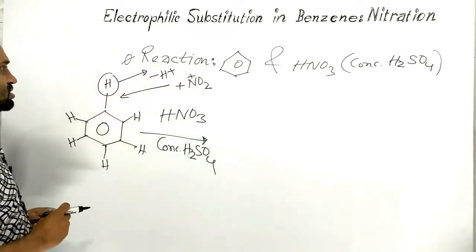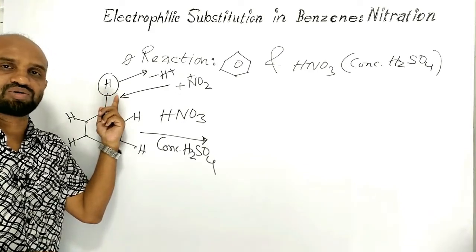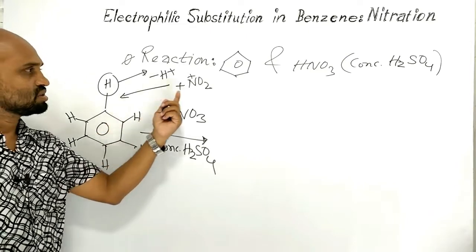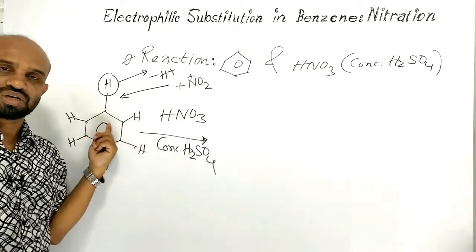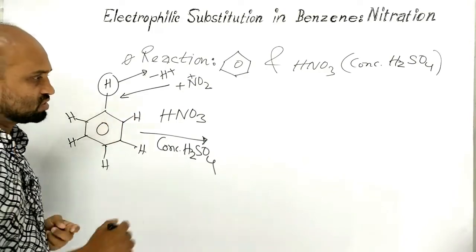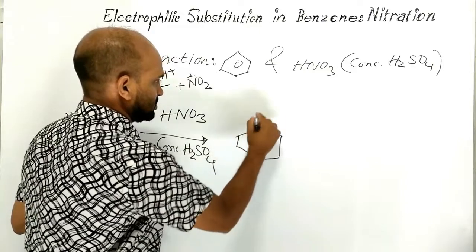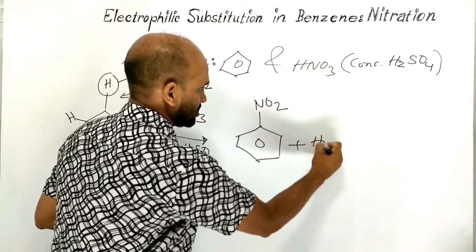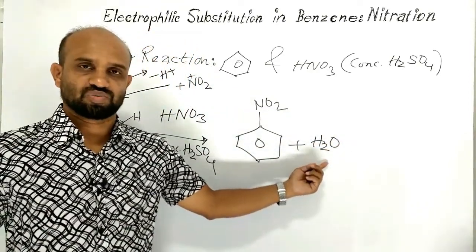That is, 1 hydrogen atom breaks away from benzene and nitronium ion bonds to that carbon atom to form this compound, that is nitrobenzene, and water is formed as byproduct.